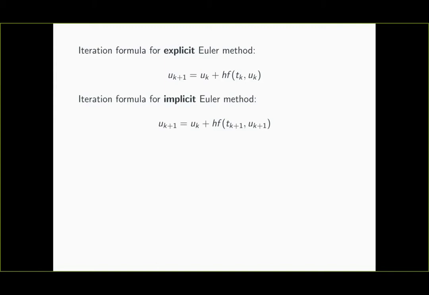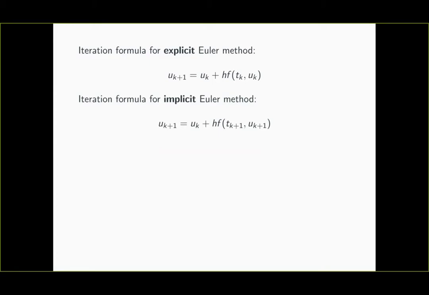By contrast, the iteration formula for the algorithm that is known as the implicit Euler method looks quite different in a small detail, and that small detail has grave consequences. The iteration formula for the implicit Euler method defines u_{k+1} by the equation u_{k+1} equals u_k plus h times f of t_{k+1}, u_{k+1}.